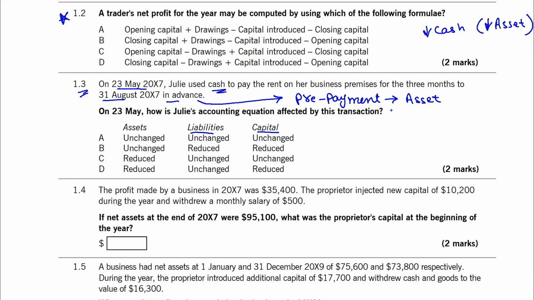But on the other hand we are making a prepayment, that means our assets are increasing by the same amount. So that means there will be nil effect on the assets of the company. So in this case our answer will be A. Our assets will be unchanged, our liabilities will remain unchanged, and our capital will remain unchanged.